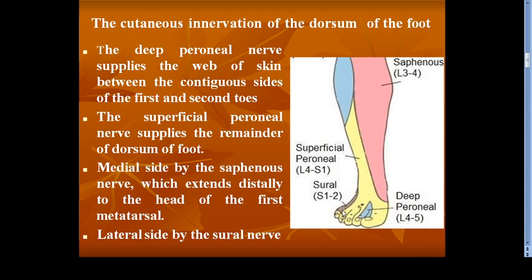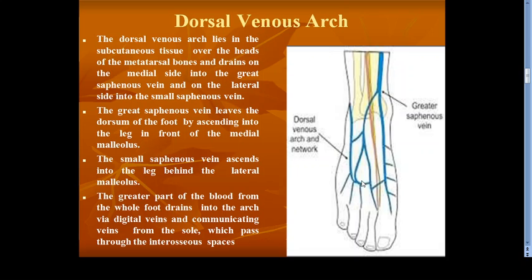Over here in the lateral side, you can appreciate a small portion supplied by the sural nerve. And towards the medial side, you can also appreciate that the saphenous nerve is also taking part. It is also going to supply the medial part of the foot. So these are the nerves which are going to supply the dorsum of the foot. Most of the part is supplied by the superficial peroneal nerve.